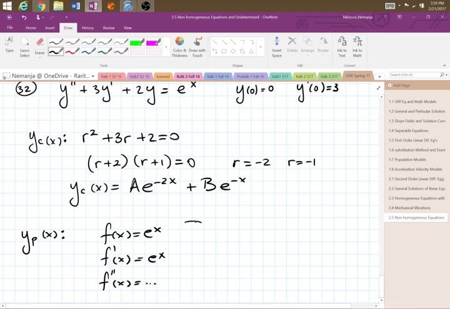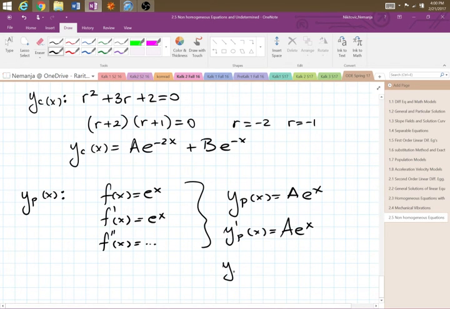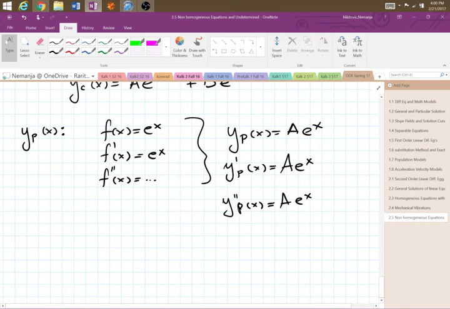So I'm just going to say that yp is a e to the x, whose first derivative is also a e to the x, whose second derivative, sorry, is also a e to the x, and so on. Plug them in your differential equation.